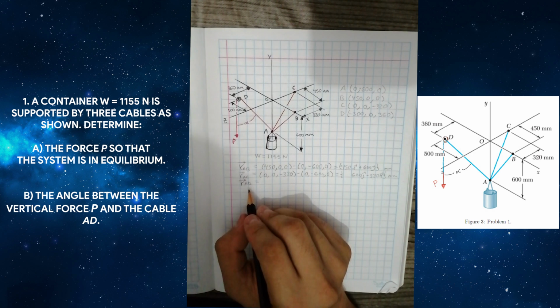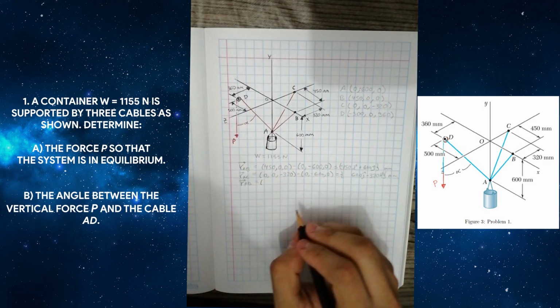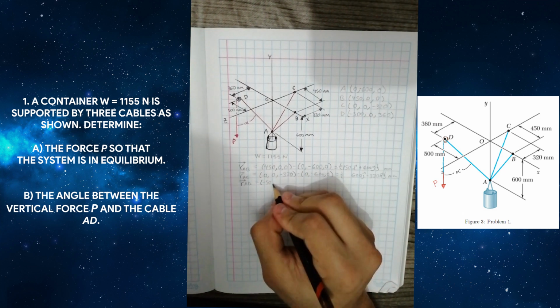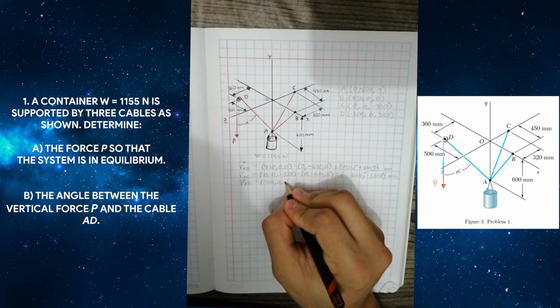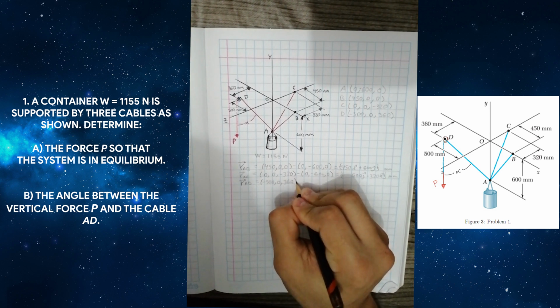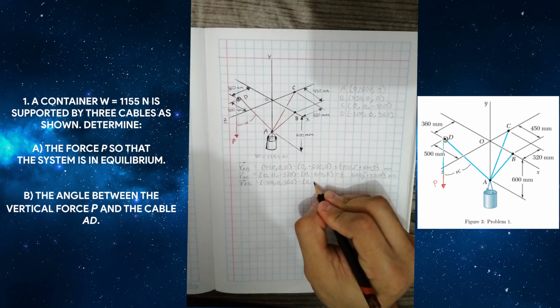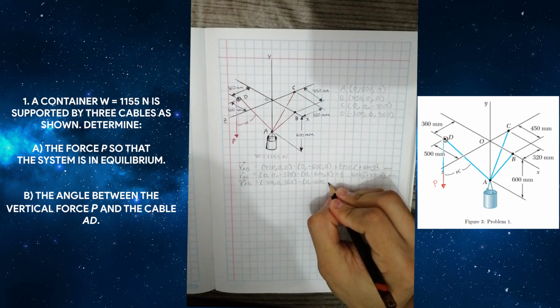And for the last position vector, we only need to subtract the coordinates of the point D, that is minus 500, 0, 360, minus the coordinates of the point A, that is 0, minus 600, 0.